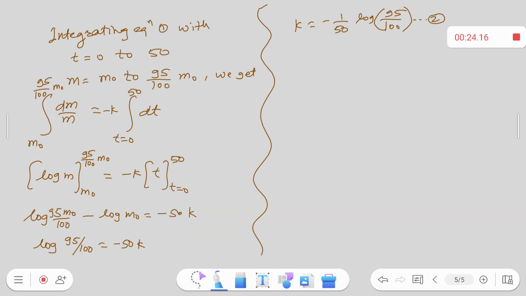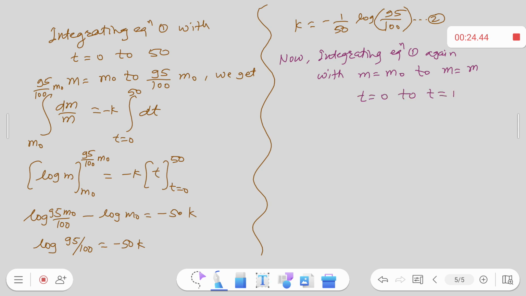Now integrating again equation 1, again with the limits m0 to unknown, we don't know the limits, we just assume it as m, and t from 0 to 100.